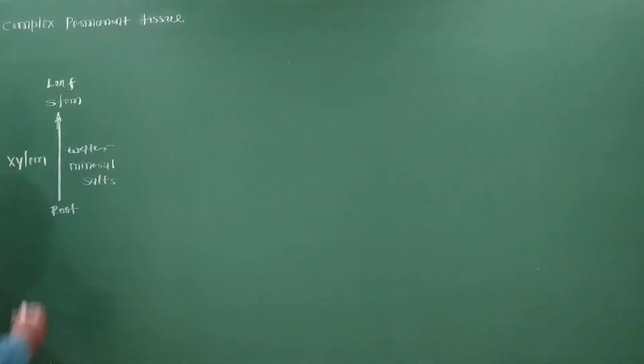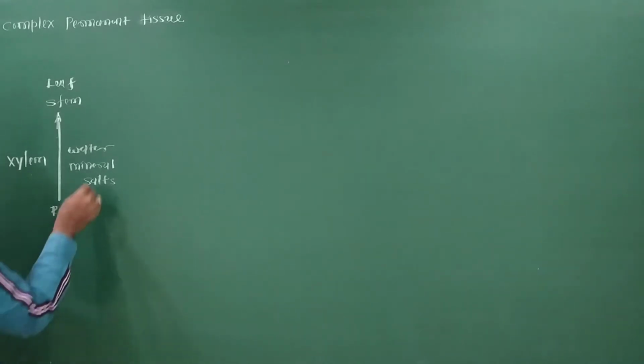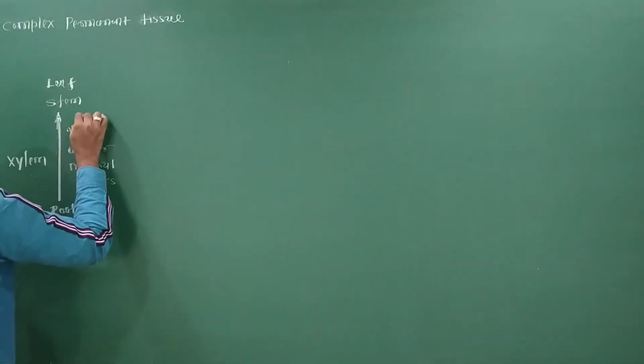In the xylem, transportation of water and mineral occurs unidirectionally, always from bottom to top. Xylem transports the material in which direction? Unidirectional.